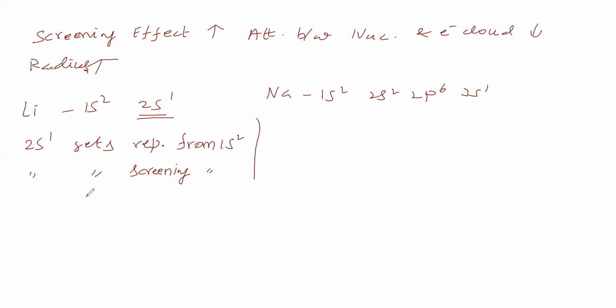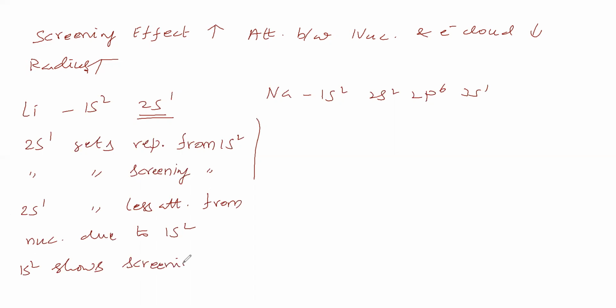Therefore 2s1 gets less attraction from the nucleus due to 1s2. Therefore 1s2 shows a screening effect over 2s1.